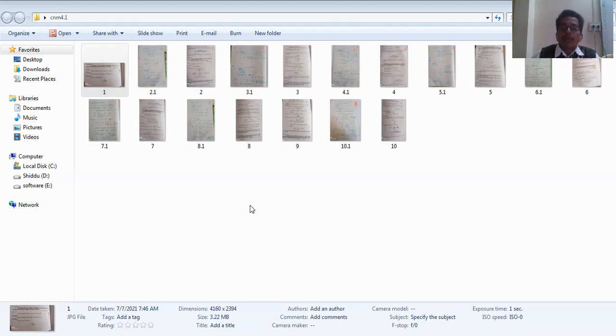Then again multiply these values, with 10 to the power of 2 here. So it will be 10 to the power of minus 10. You just calculate with the help of a calculator and you will get 1.227 into 10 to the power of minus 10 meter, this wavelength. Okay, this way we can.